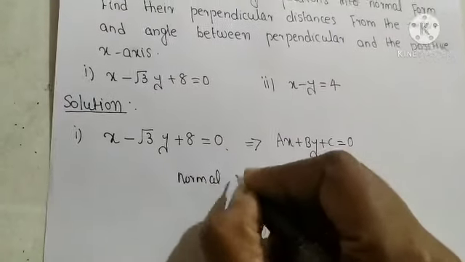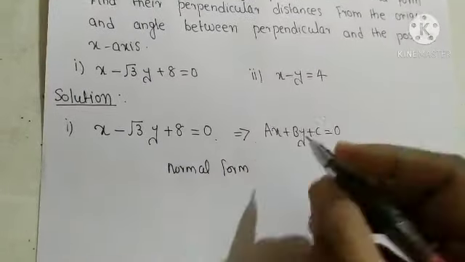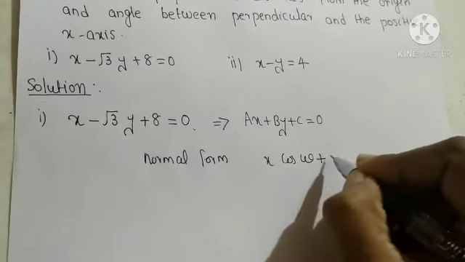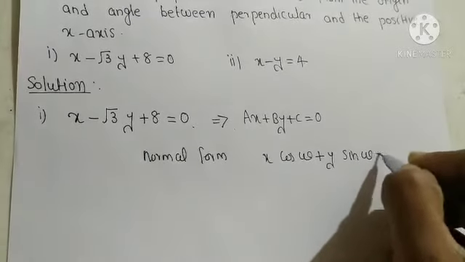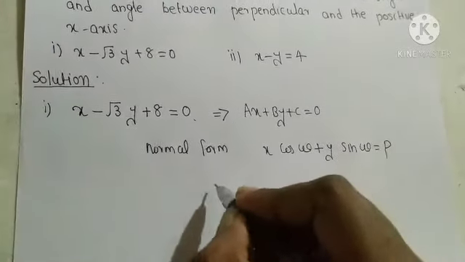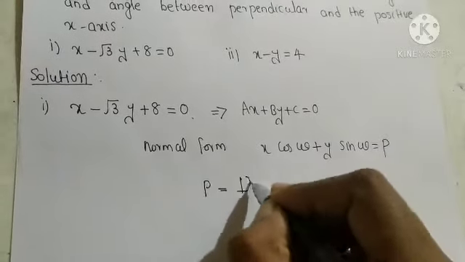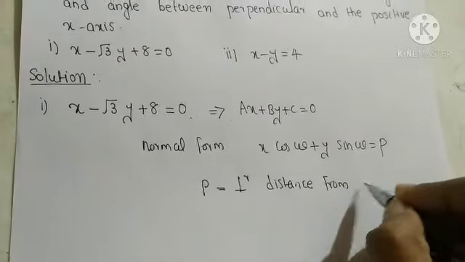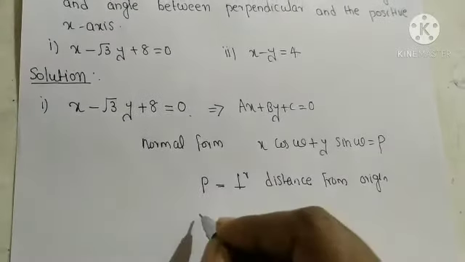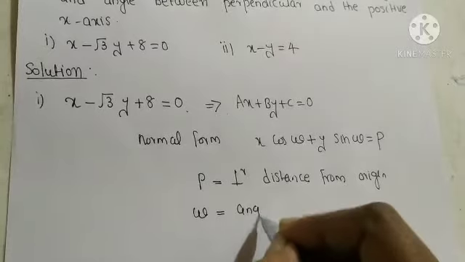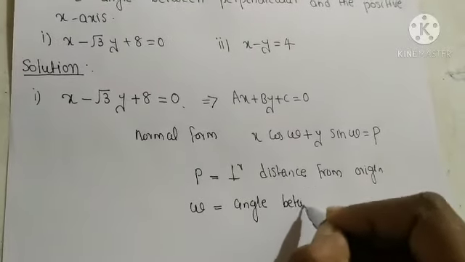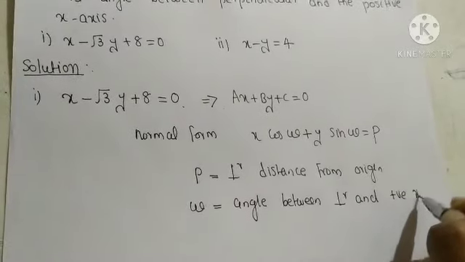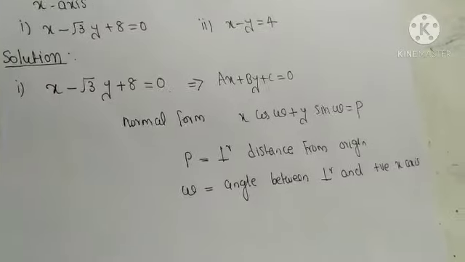Normal form of equation of a line is x cos omega plus y sin omega equal to p, where p is the perpendicular distance from origin and omega is the angle between perpendicular and positive x-axis. Okay.